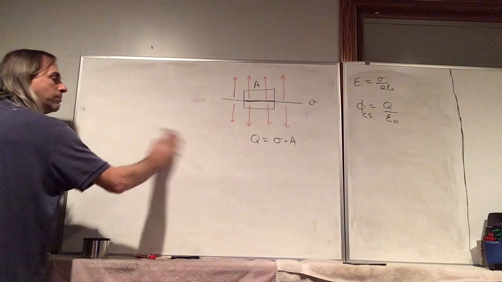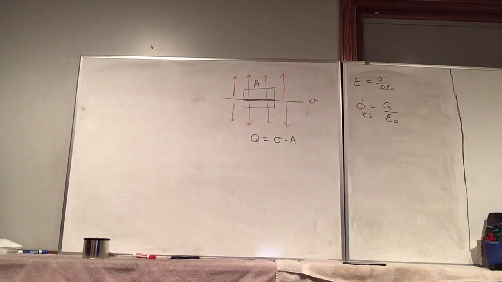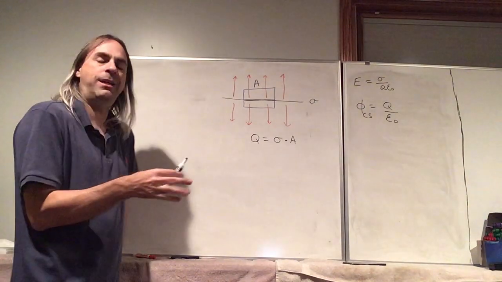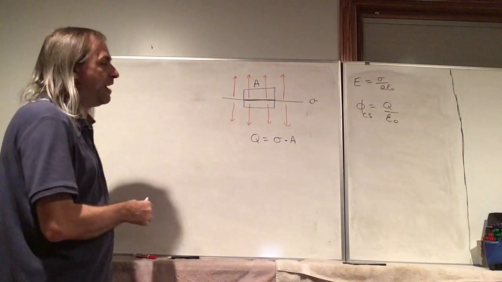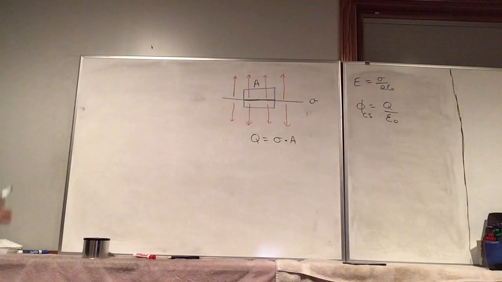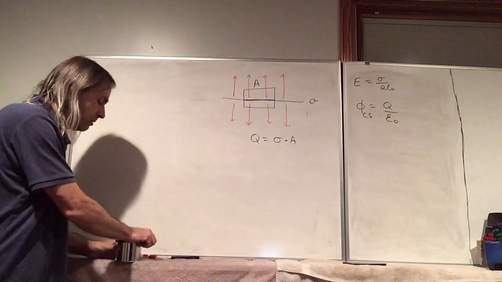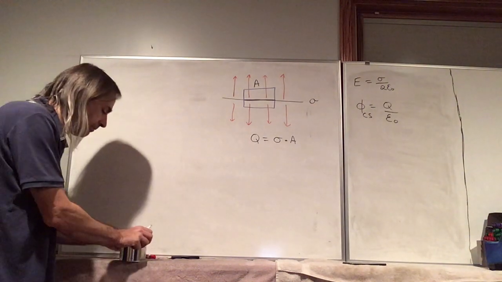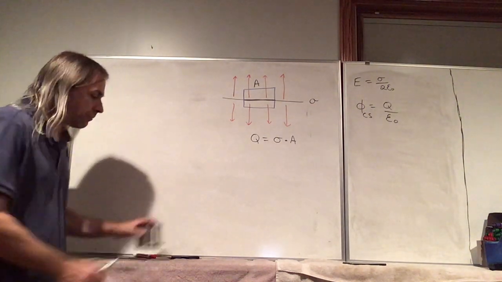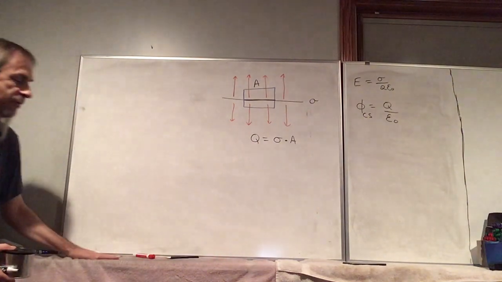And now let's calculate the flux through this surface. And again, this is a part that might be easy to screw up because we have to make sure that we calculate the flux through the entire surface. So let's say this is our surface.